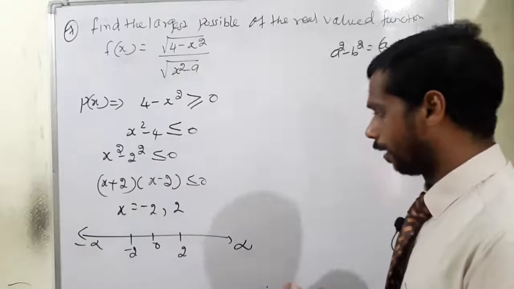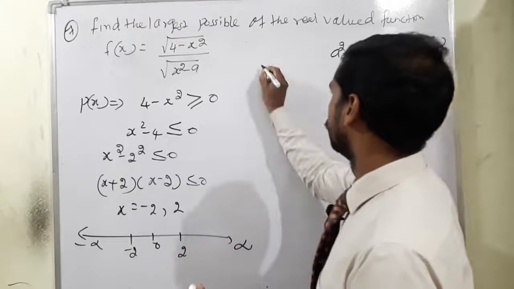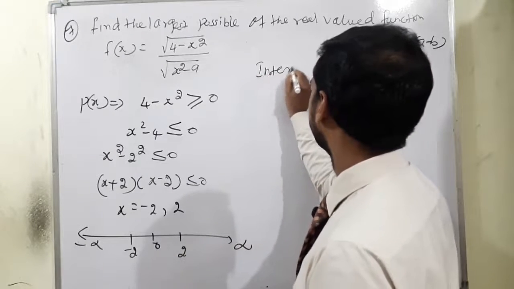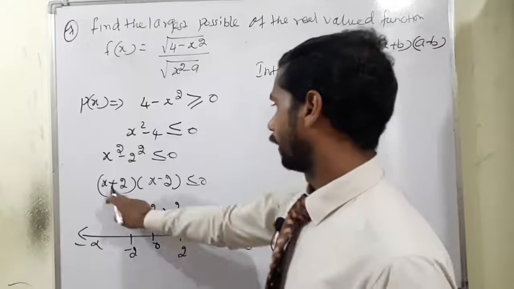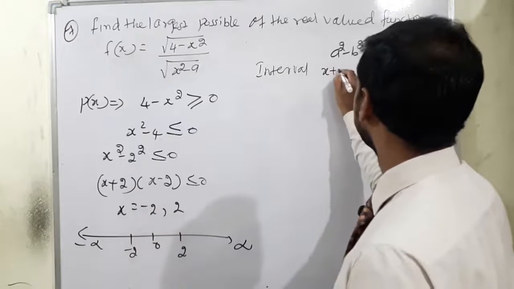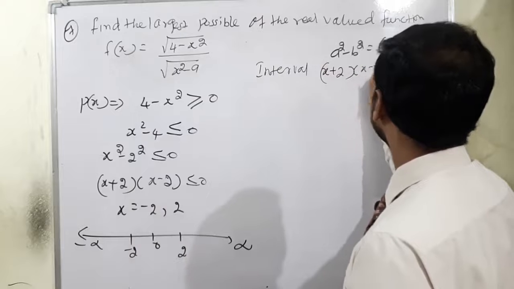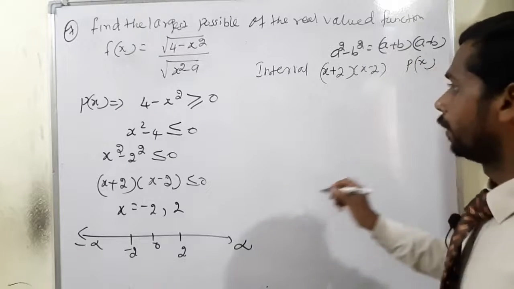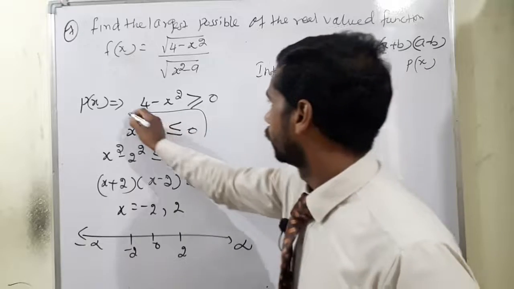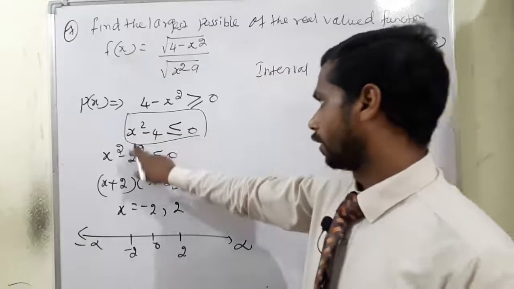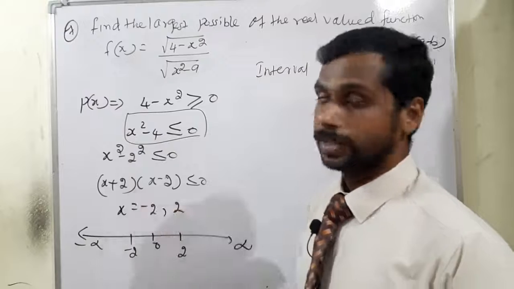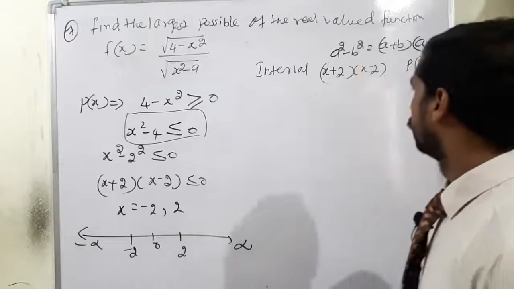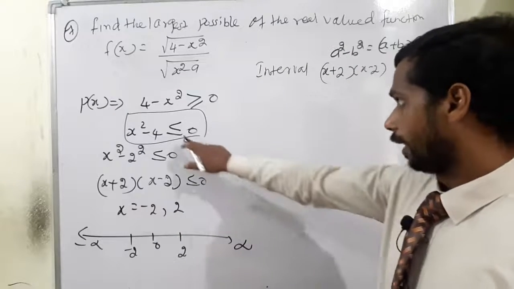Arrange the terms, first interval, then the condition x plus 2 into x minus 2. The starting x square we have taken is x square minus 2 square, x plus 2 into x minus 2, therefore the condition is a less-than value.